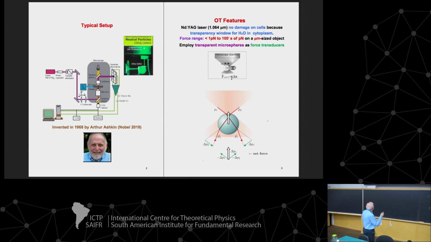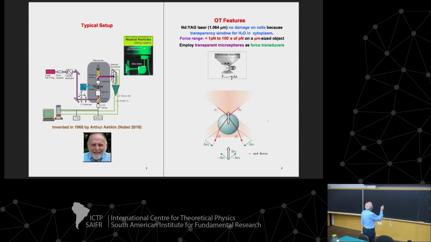Okay, now here it goes through a telescope, and then here you have a dichroic mirror. Why? Well, you want to deflect this to the objective of the microscope, which is the lens that will do the focusing.